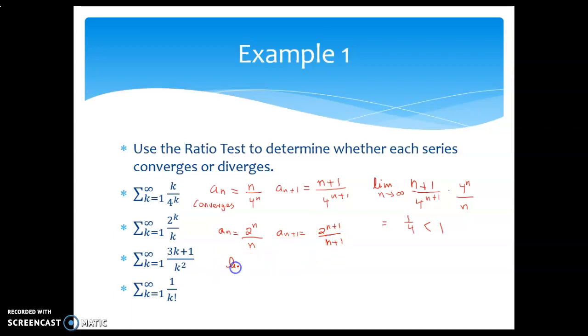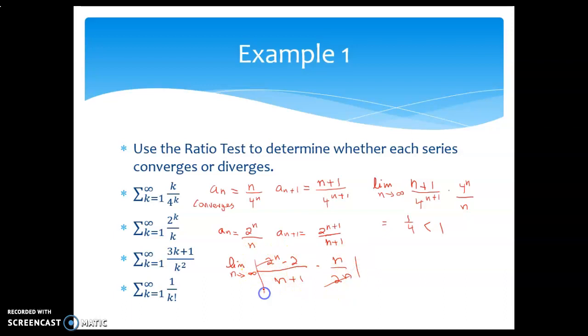And then we take the limit as n goes to infinity. So we get 2 raised to the power of n times 2 divided by n plus 1 times n over 2 raised to the power of n. The 2 raised to the power of n cancels out.